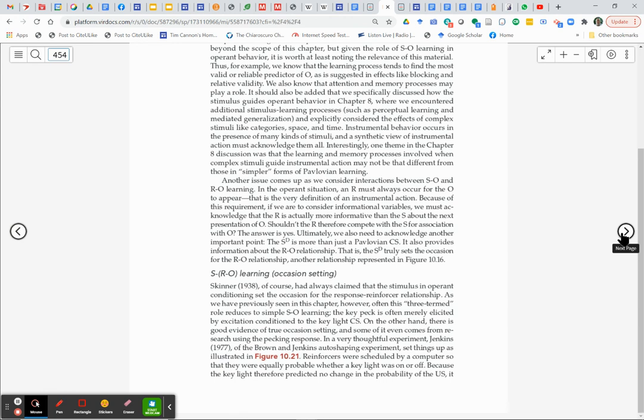The SD is more than just Pavlovian. It provides information about R-O. That is, the SD truly sets the occasion for the R-O relationship and another relationship. And then to make things more complicated, you have S, quantity R-O, occasion setting, which we've dealt with before in Brown and Jenkins, and autoshaping.